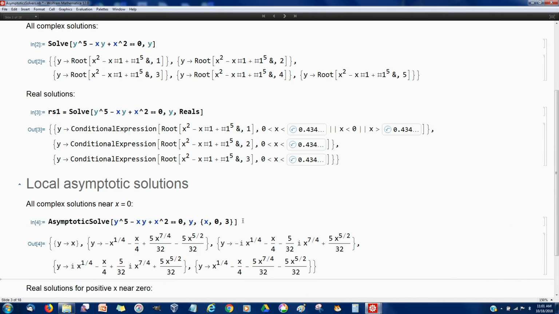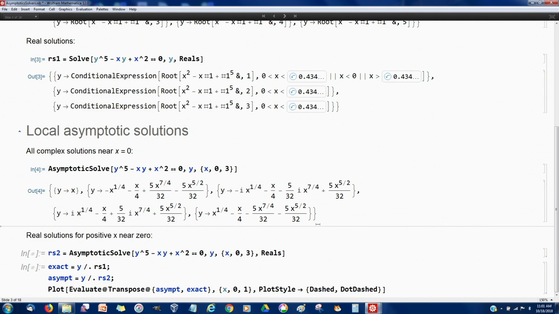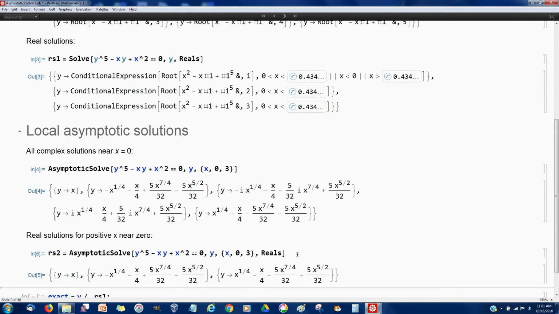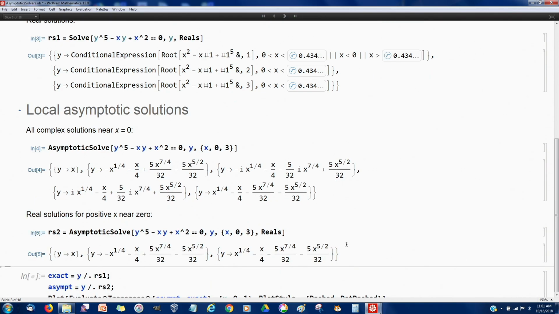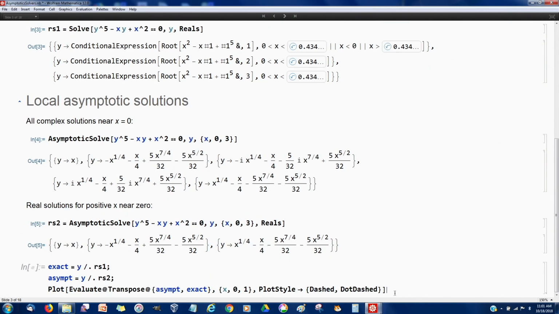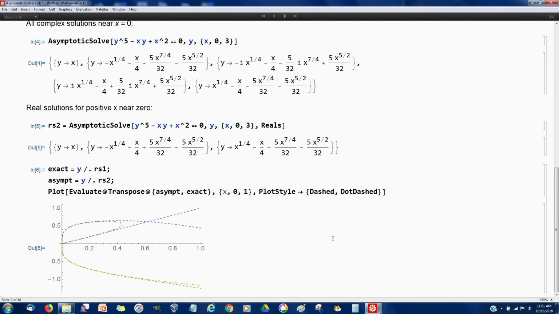So this gives us all complex solutions as Puiseux series in this case. We can also ask for solutions that are real. We have to specify that they are real for positive x near 0. For negative x, we would have to use the Direction option. So we have three solutions, and we can check that the asymptotic solutions approximate the algebraic solutions near 0 for positive values.